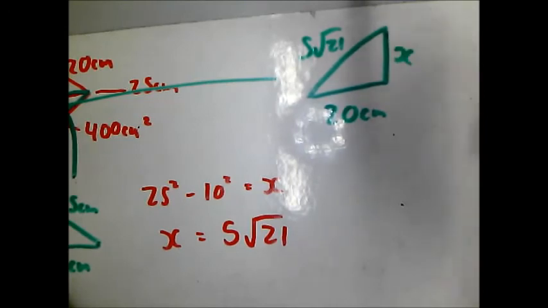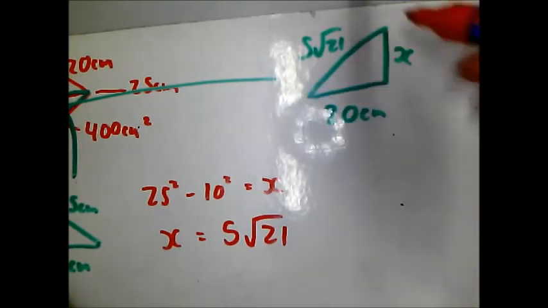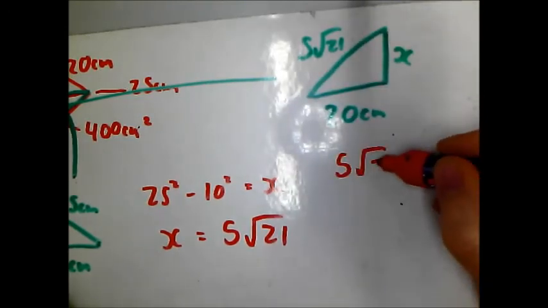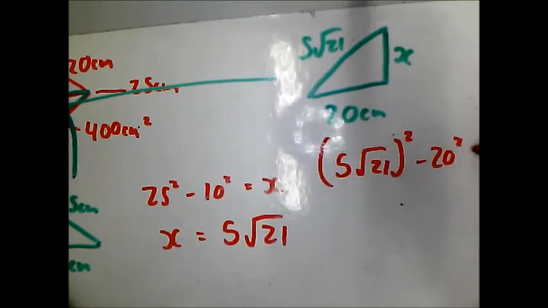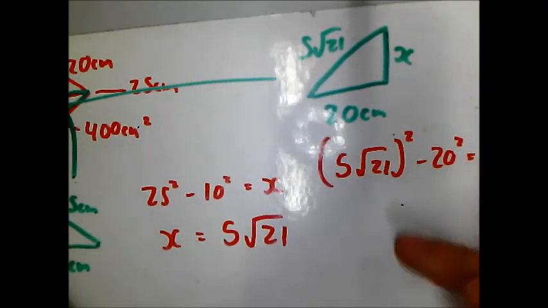So let's now finish this off using Pythagoras' Theorem. So, 5 root 21 all squared, take away 20 squared will equal x. I want to keep my answer exact, so 5 root 21 all squared is 525, back to where it started.